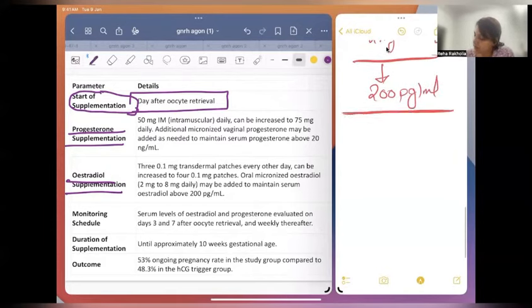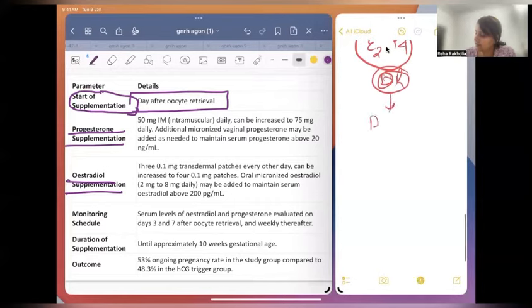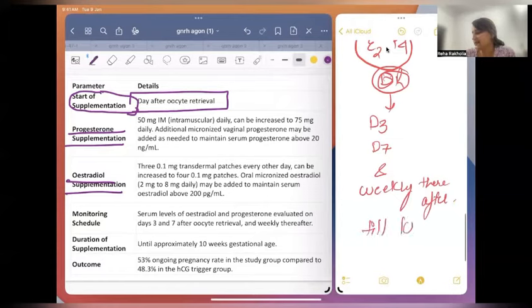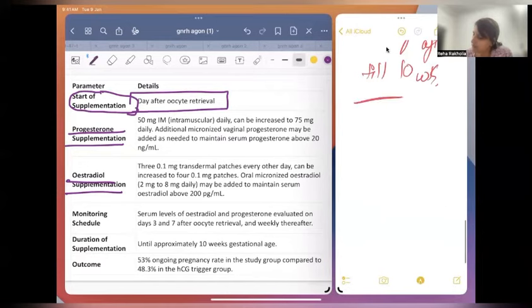How did they monitor the steroid level? They monitored the estradiol and progesterone level on day 3 after oocyte retrieval, then on day 7, and weekly thereafter till 10 weeks.